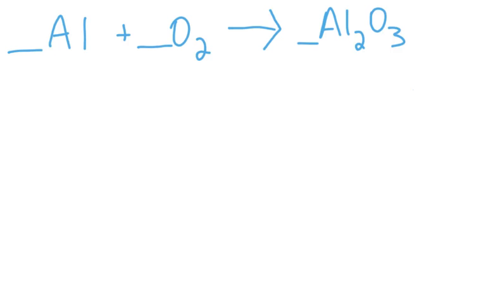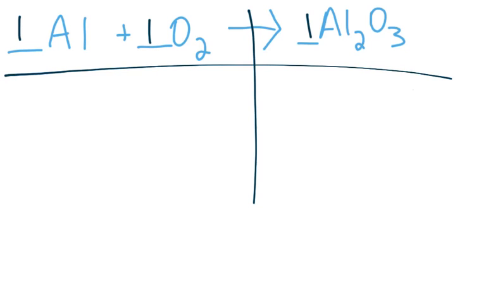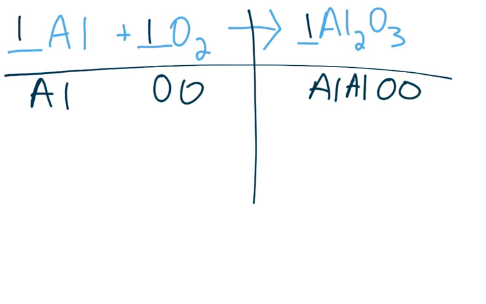So if I'm going to diagram out what 1, 1, 1, 1 looks like for all of my things, if I just pencil in a 1, a 1, and a 1, what I would end up drawing looks like this. Al, O-O, Al, Al, O-O-O. So we know I have right now 1 aluminum versus 2 over here.